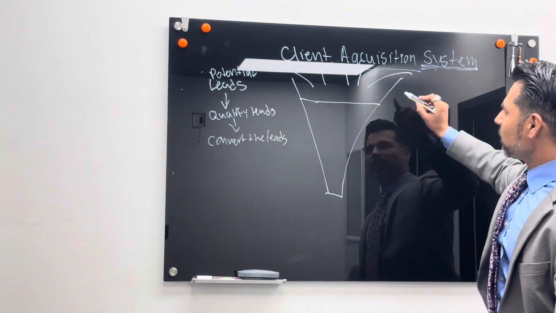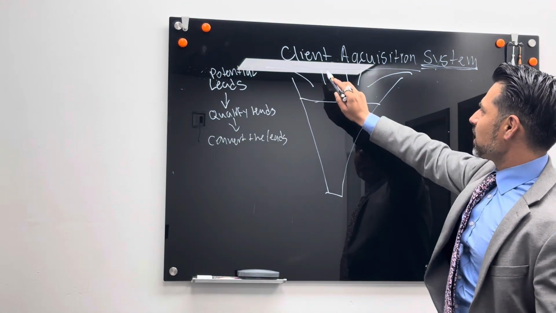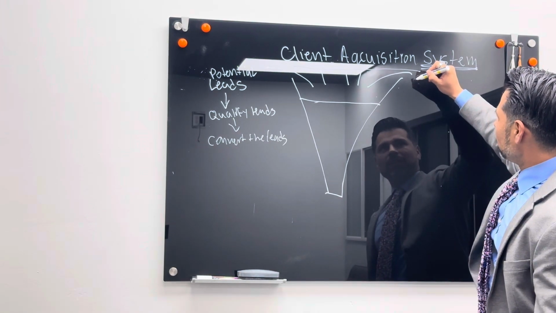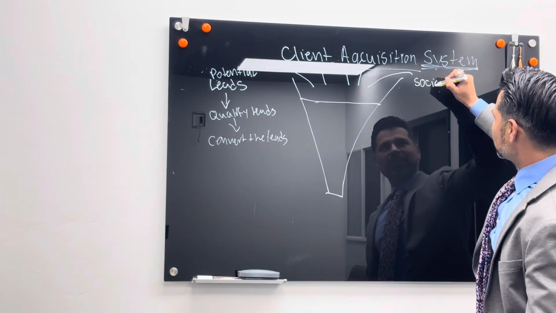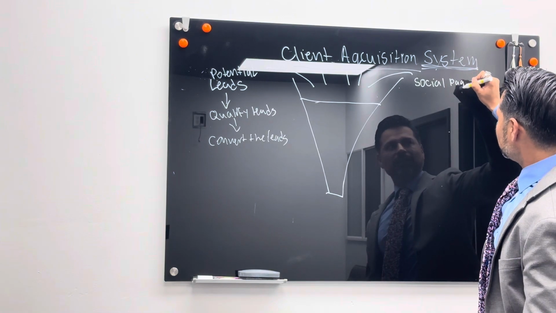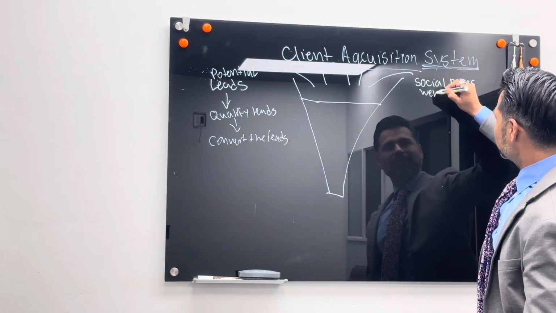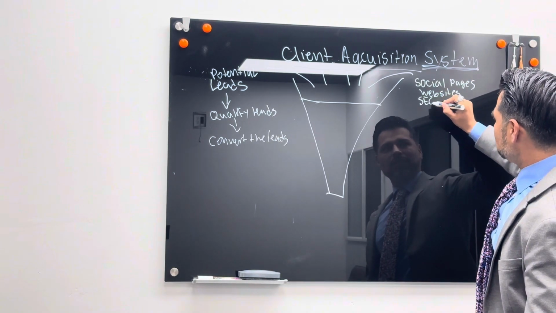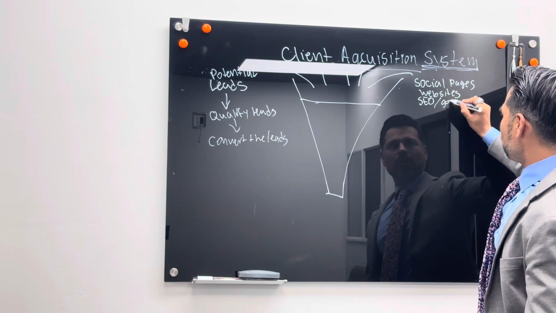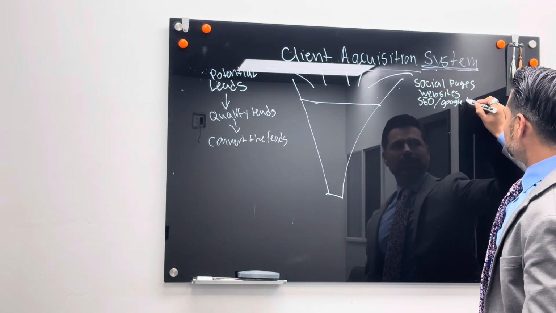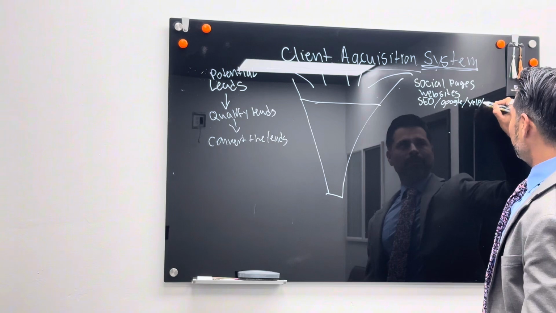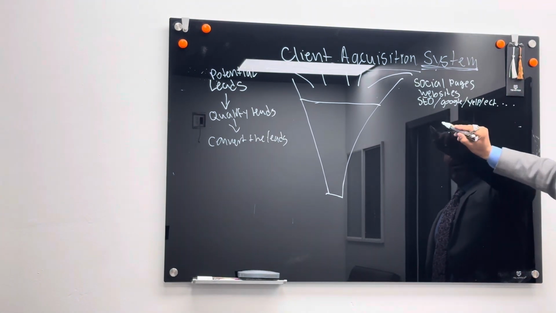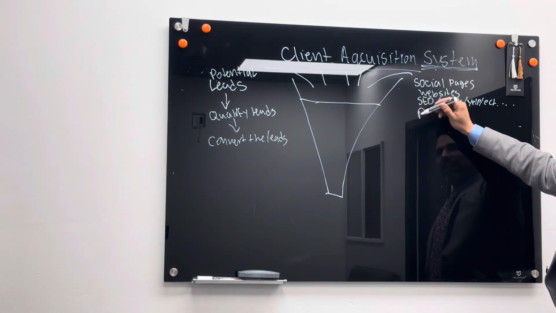Now, what does this funnel consist of? If you see these arrows that I drew here, all of these arrows consist of your social media pages, websites, SEO, which is Google, Yelp, etc., etc. I mean, you could even put your paid advertising.